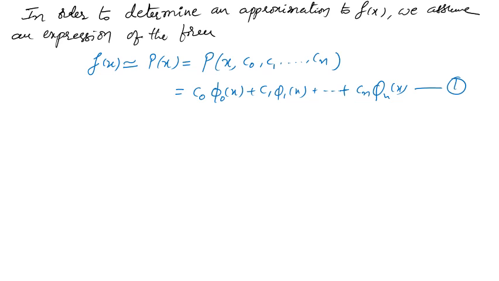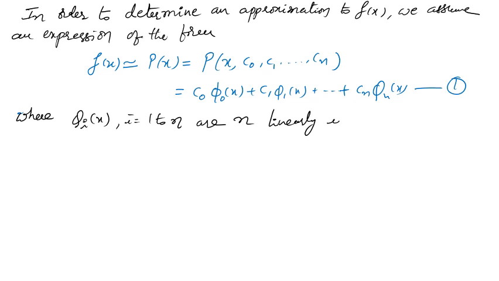Take this as equation 1, where these functions phi i of x, i equal to 0 to n, are n linearly independent functions.